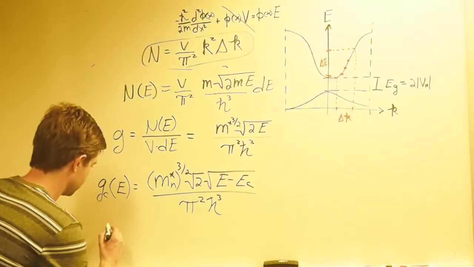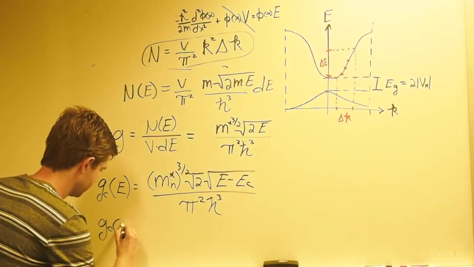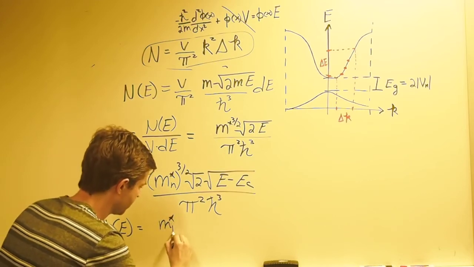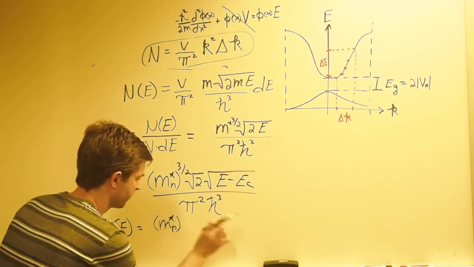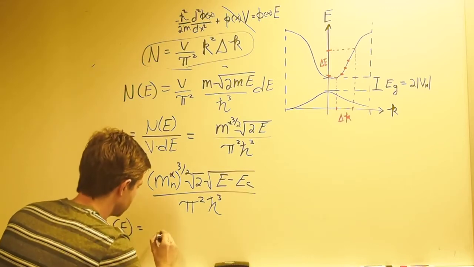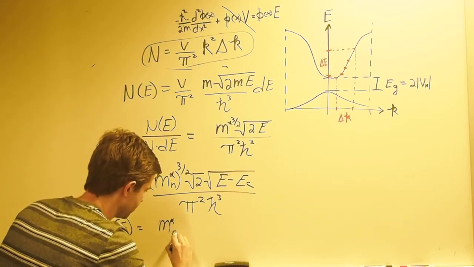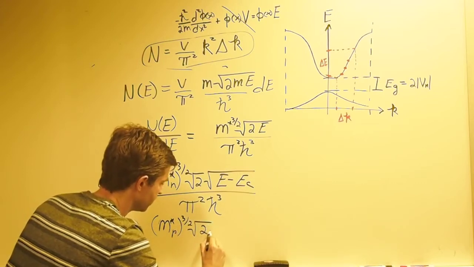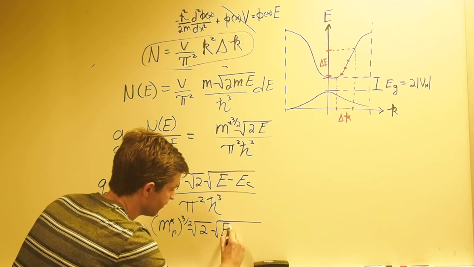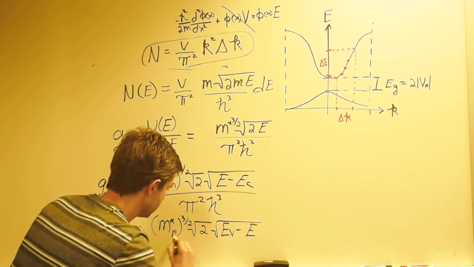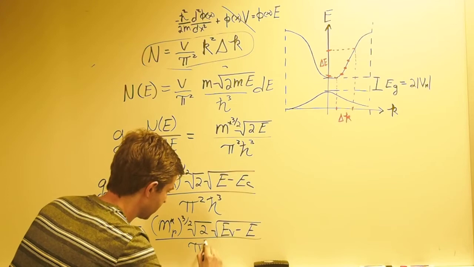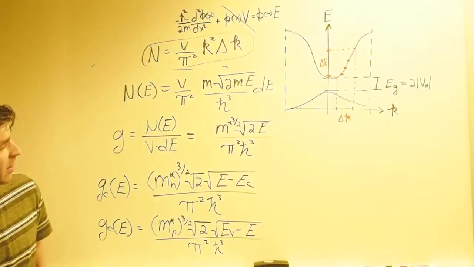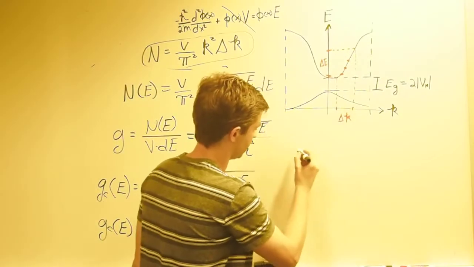So similarly, our density of states in the valence band, you can guess that's going to be m_p star. That's your hole effective mass. We'll write this a little bit lower. m_p star to the 3 over 2, now it's E_V minus E over pi squared h bar cubed. I'm not sure if you can see all that, but that's it right here. So let me rewrite this real quick.